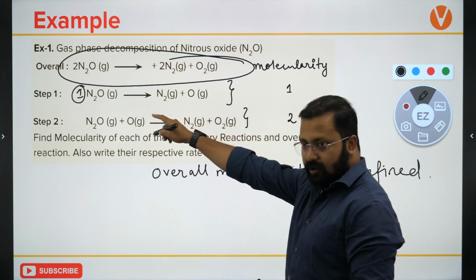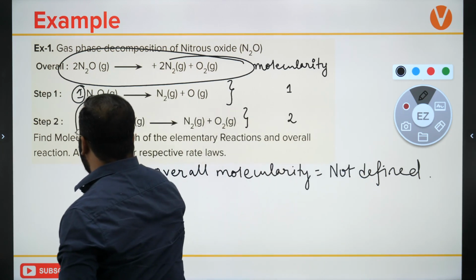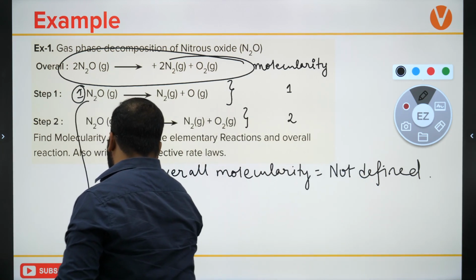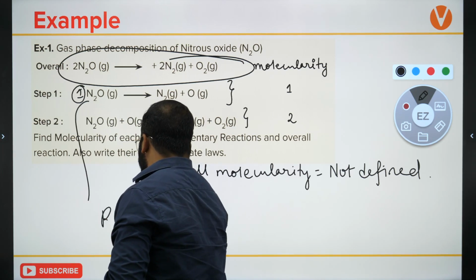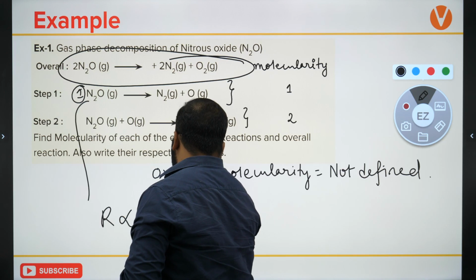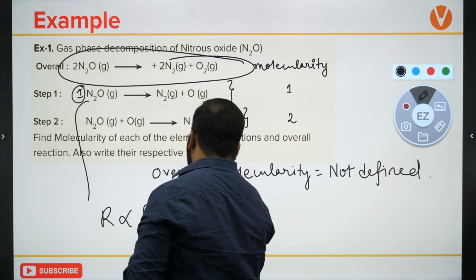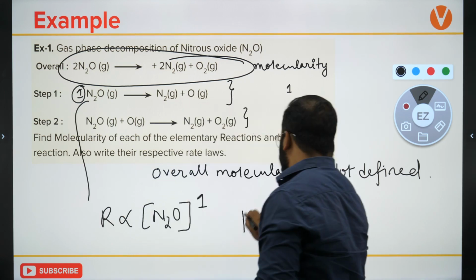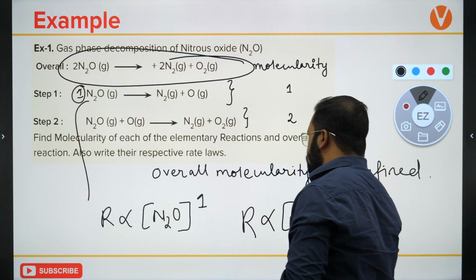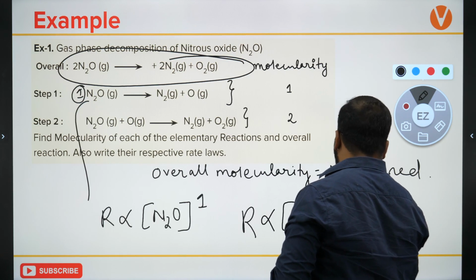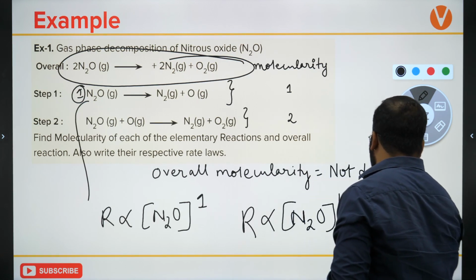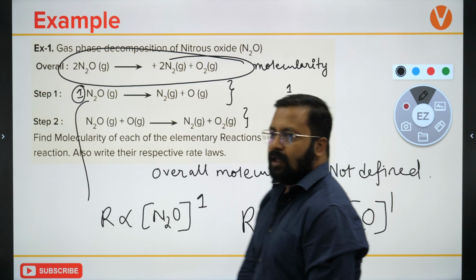The rate law for the first reaction would be written as rate is proportional to N2O to the power 1. For the second reaction, it will be written as rate is proportional to N2O to the power 1 and O to the power 1.